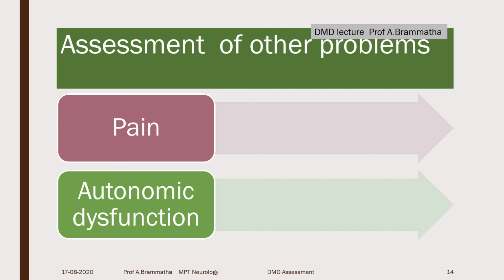And maybe in the late ambulatory stage, if the child is wearing any splints or orthosis for support for walking, always we need to look for any pressure source. And in the late stage, you can see changes in the skin also. So the integumentary changes also we need to see. Then autonomic changes. A child is not ambulatory, becomes bedridden, and in the later stages, you can see some kind of autonomic disturbances.